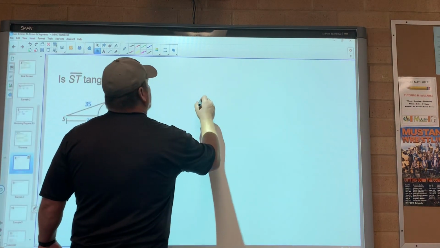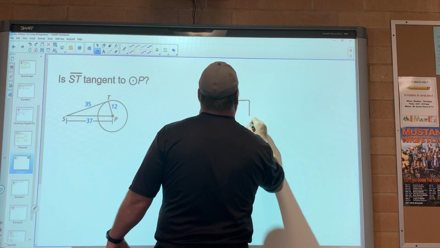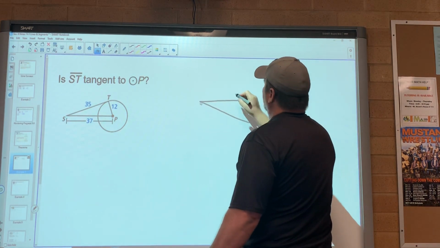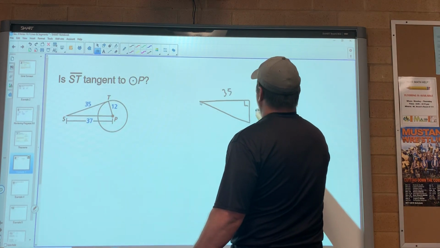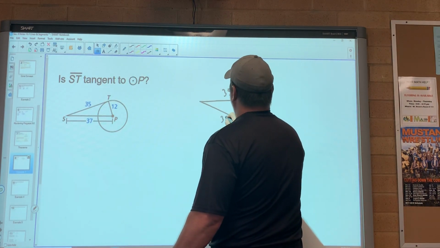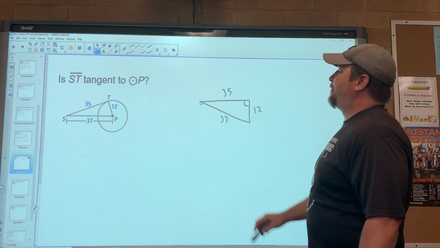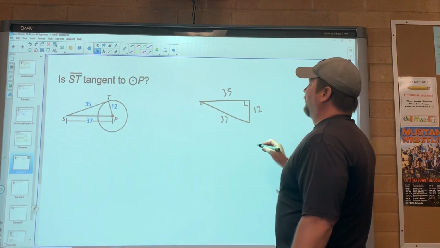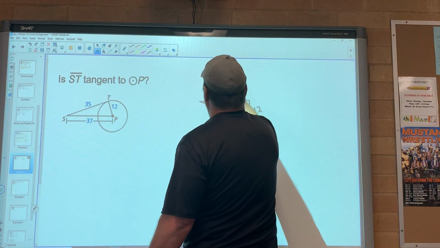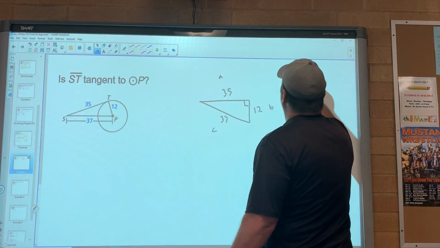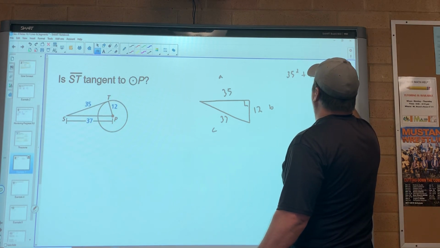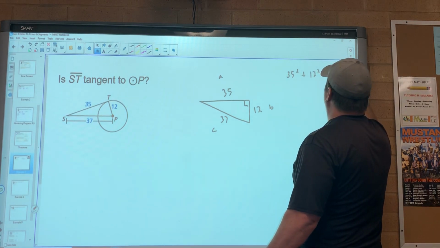So off to the side, I like to just draw my triangle. So watch. We believe this would be the 90. That's 35, that's 12, and 37. 37 is our hypotenuse. We believe. We don't know yet. We will find out. So a squared plus b squared equals c squared: 35 squared plus 12 squared equals 37 squared.